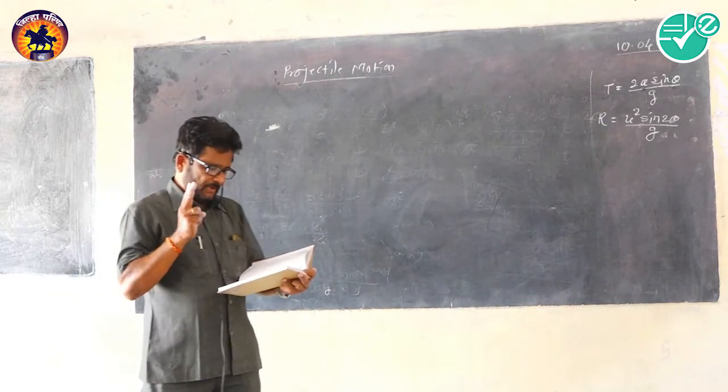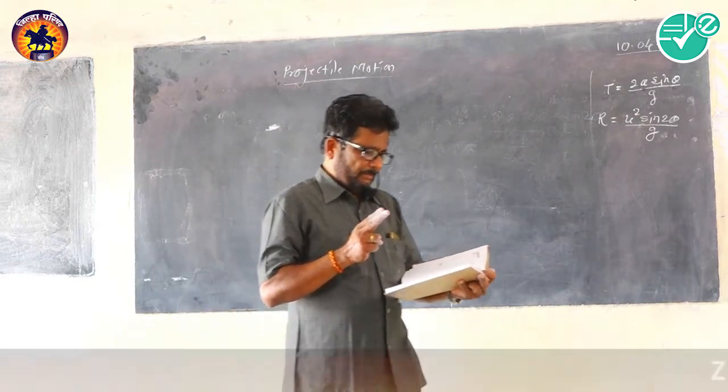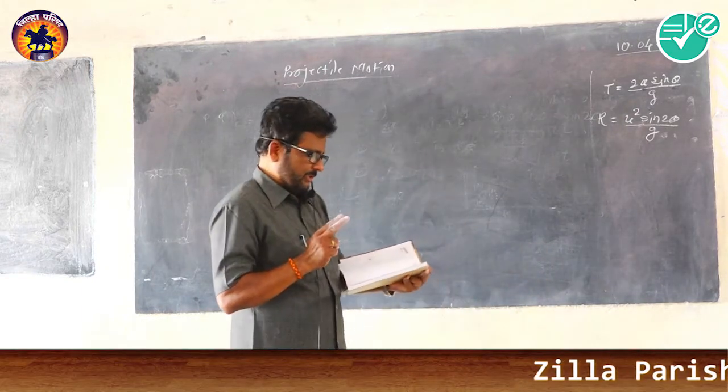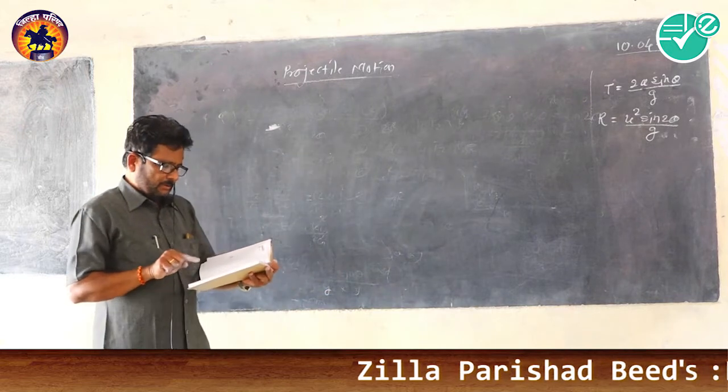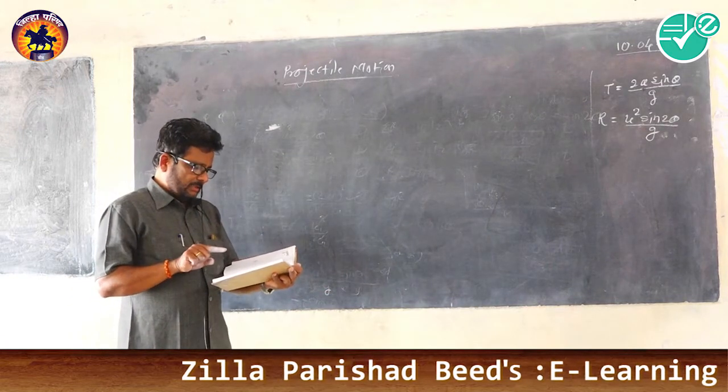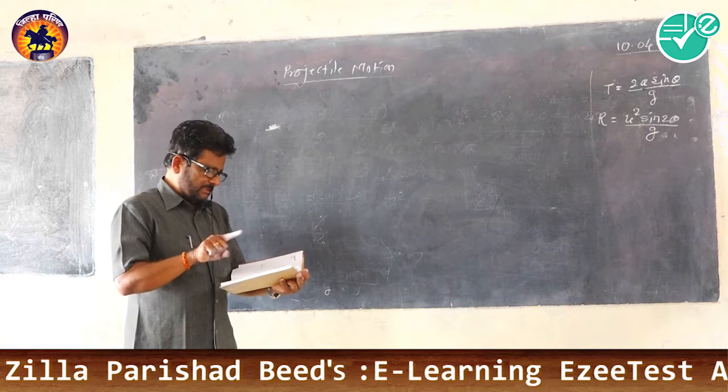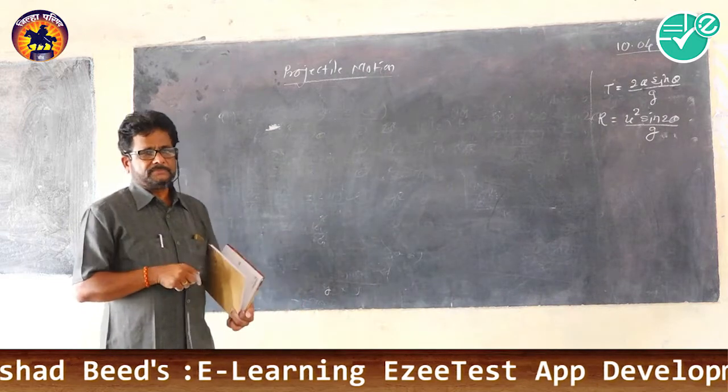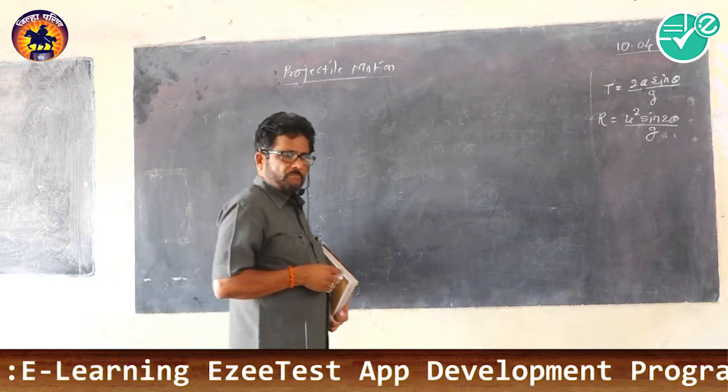A bullet is fired from a gun by making an angle of 60 degrees with the horizontal. Then the horizontal component of the velocity of the bullet when it reaches the maximum point is?